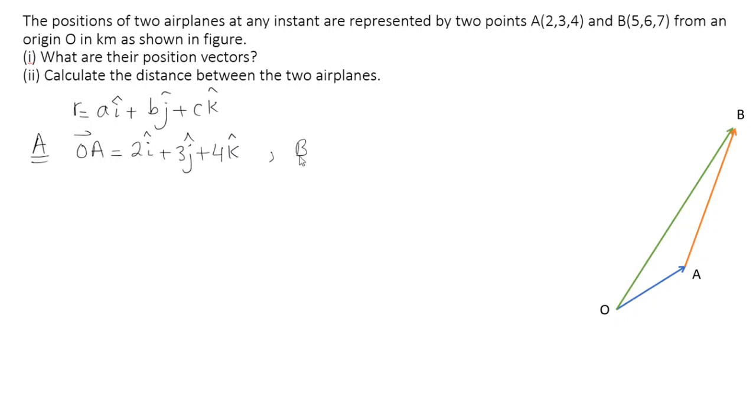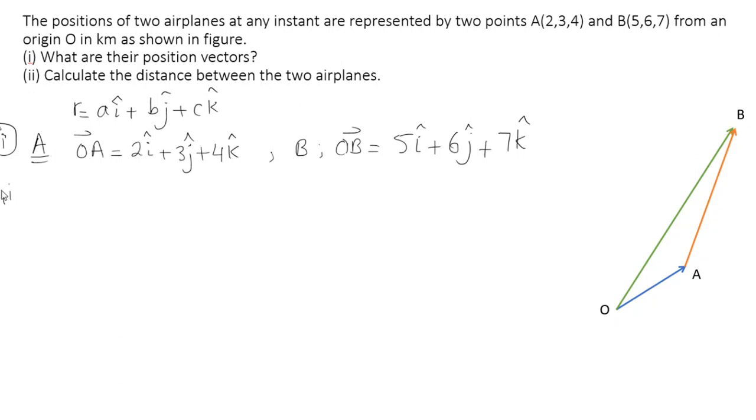And for airplane B, I can write OB equals 5I plus 6J plus 7K. So this is the first part of the question, what are the position vectors.